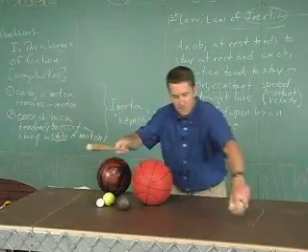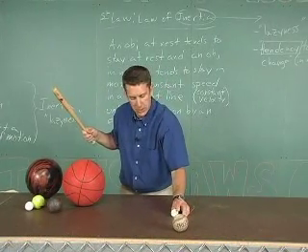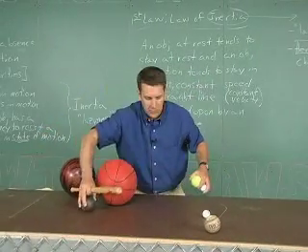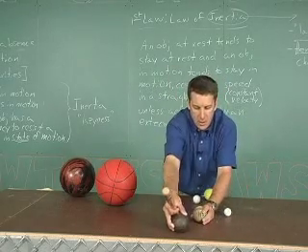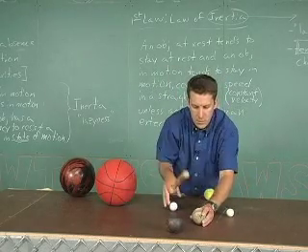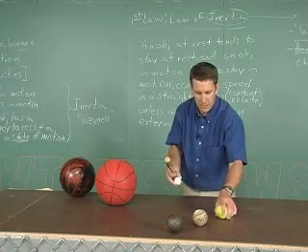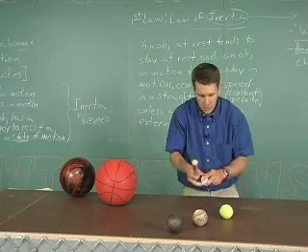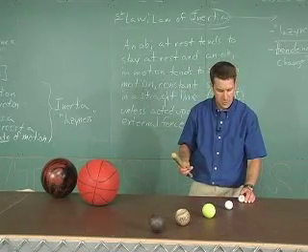If we take these balls and we line them up here, we'll line all the smaller ones up first and then we'll do the bigger ones. So we have a cannonball, a baseball, a tennis ball, a golf ball, and a ping pong ball.